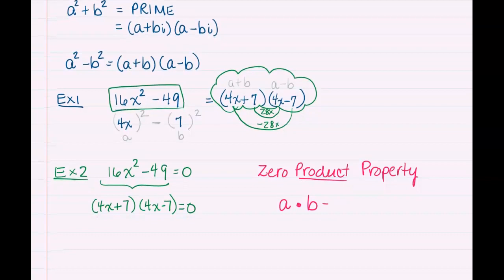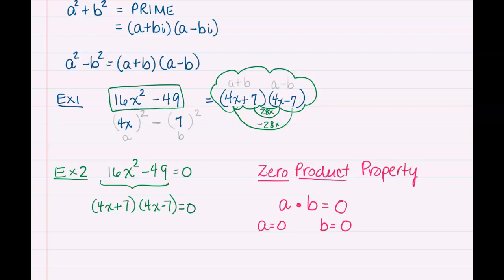If we multiply them, the answer is what we call the product. And if it's 0, this is why it's called the zero product property, it says if you have these two things being multiplied and they equal 0, then one of them has to equal 0. I don't know which one, maybe both of them do, but at least one of them has to be 0.